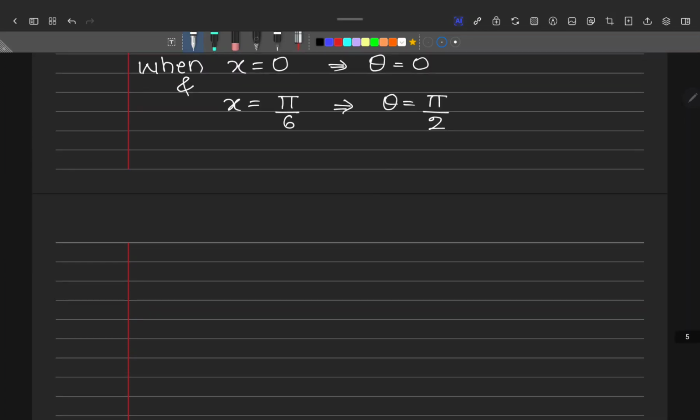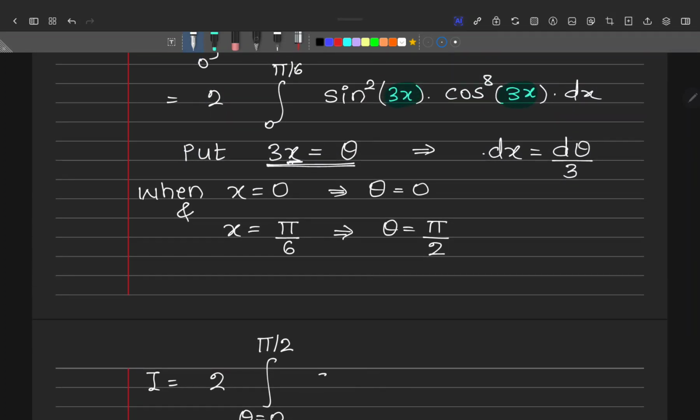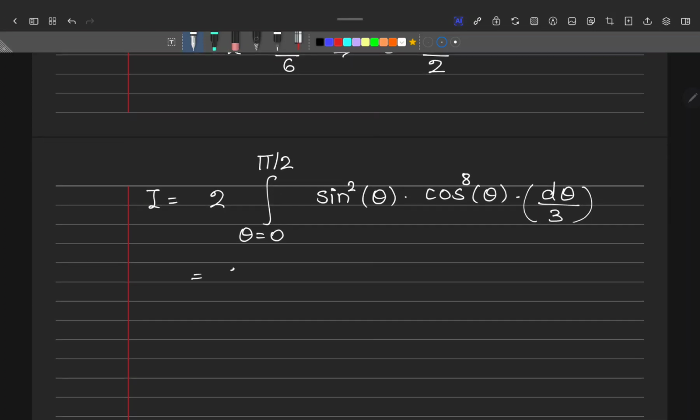And now our integration reduces to 2 times the integration for theta in the range 0 to pi by 2, of sine square theta into cos raised to 8 theta into the value of dx, which is d theta upon 3. So we take that constant outside and solve this integration.